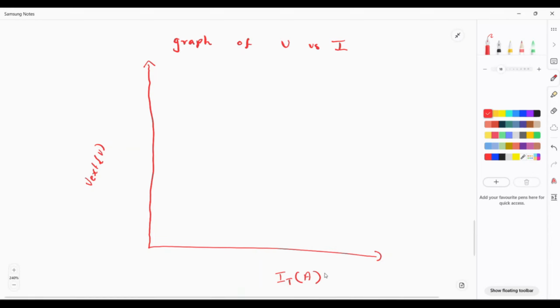For those doing statistics in grade 12, it's not a scatter plot, but it doesn't matter. What you need to know is that it is a straight line graph.